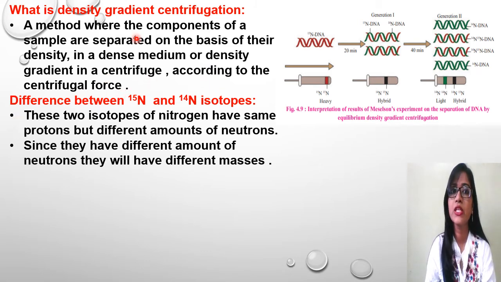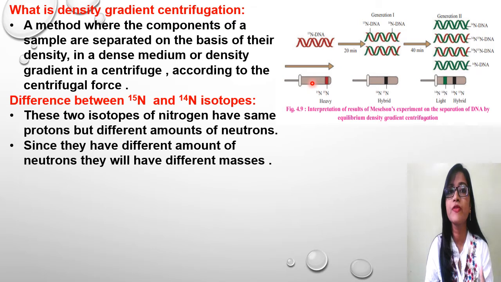In density gradient ultracentrifugation, the centrifugal force is applied to the centrifuge tube. This tube contains the sample, and according to the molecular weight, mass or density, the components present in the medium get separated.